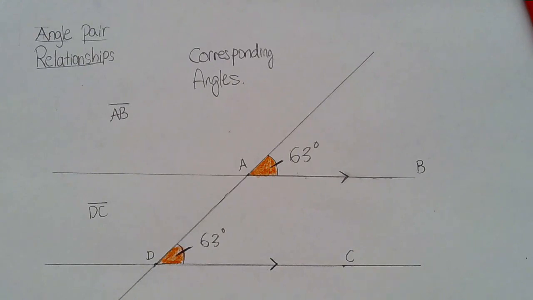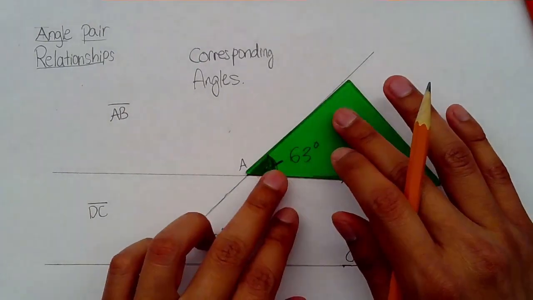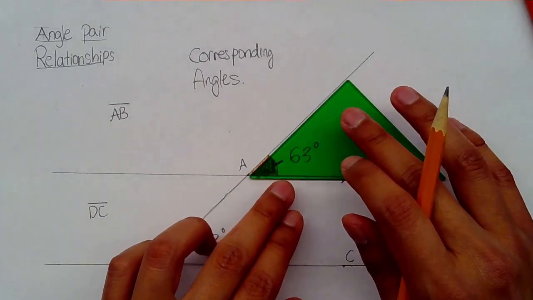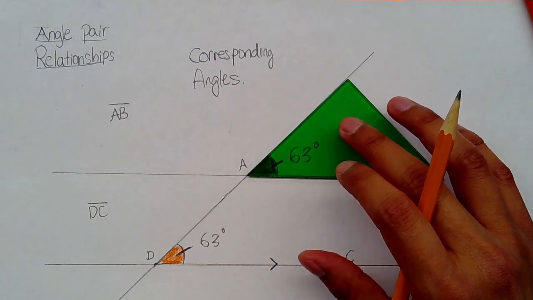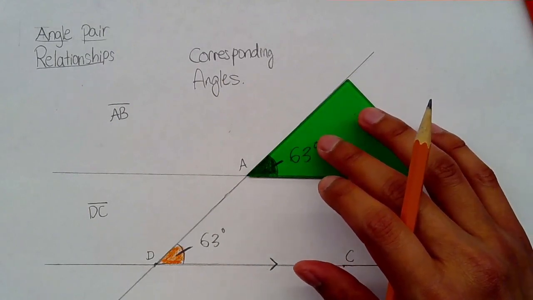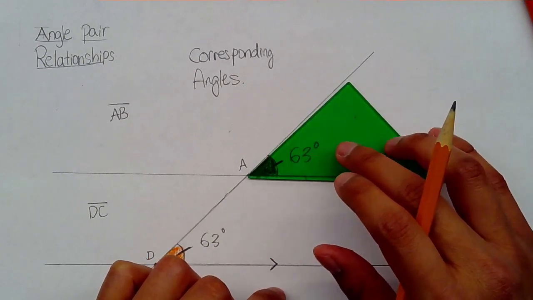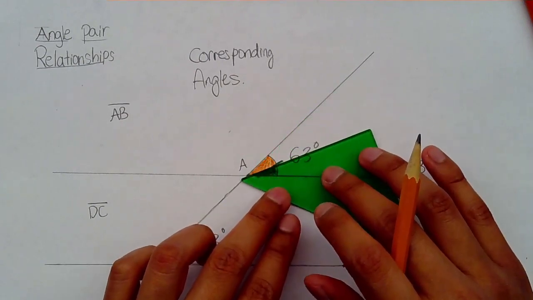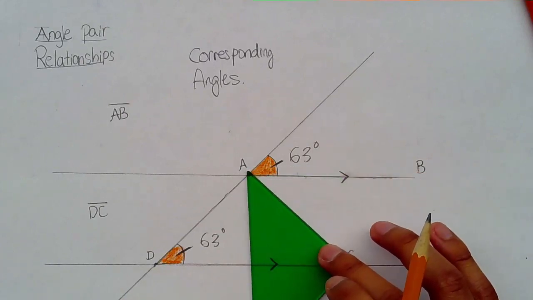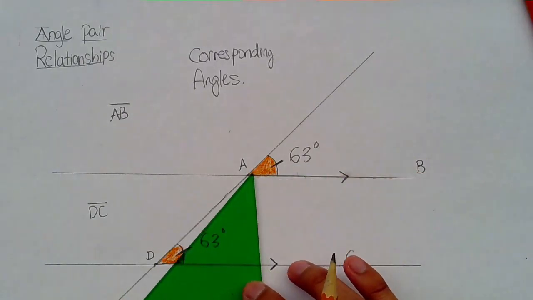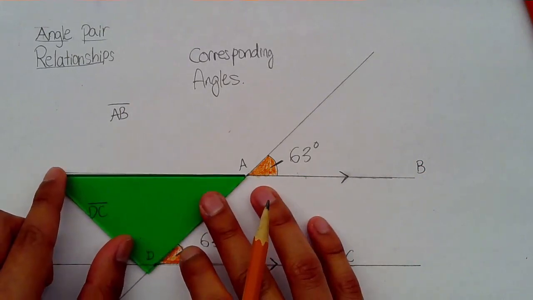Next, let's talk about our other angle pair relationships. Let me go ahead and now, instead of translating, use my other transformation, rotations. So if I rotate this triangle around, swivel, swivel, swivel, one thing we're going to find is that, hey, look at that.